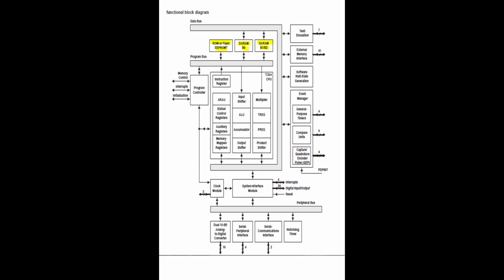What is DRAM? You know about ROM and flash EEPROM. ROM means read-only memory. What is DRAM? DRAM is nothing but dual access RAM. Dual access RAM is a memory whose blocks are split into 3 types: B0, B1, B2.